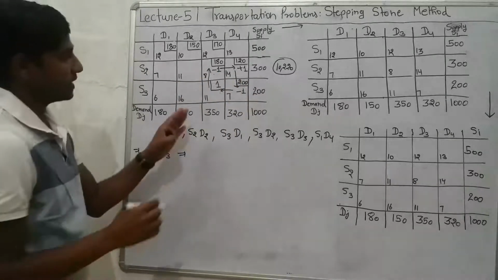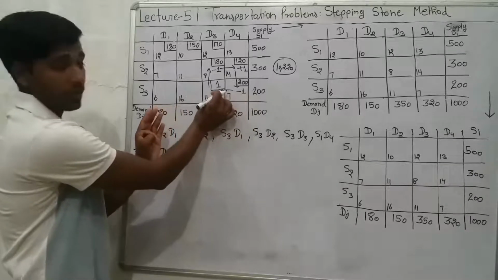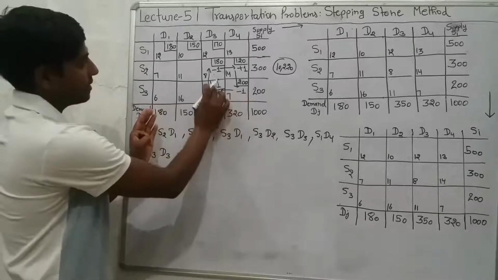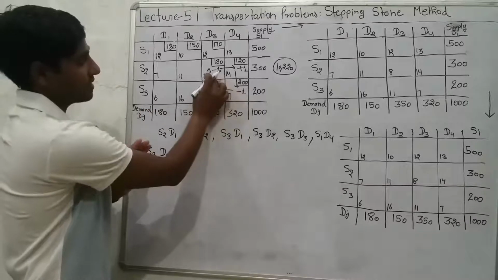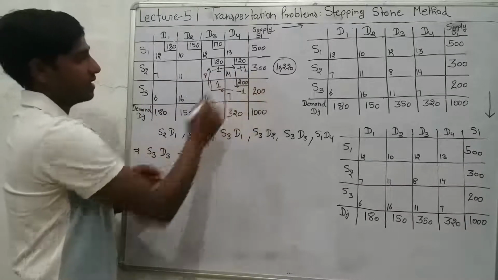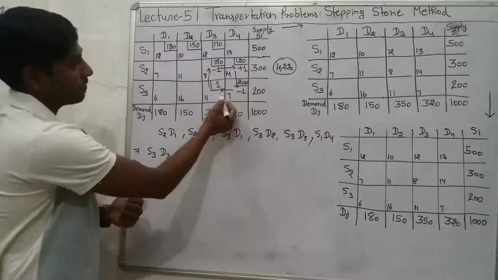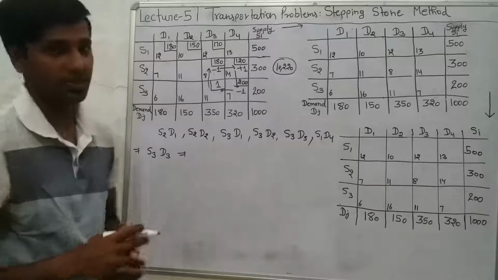So you can trace a closed loop, starting from the empty cell and going to the next cell vertically, then horizontally to the next cell, and again vertically to the next cell, and ultimately ending up at the empty cell.